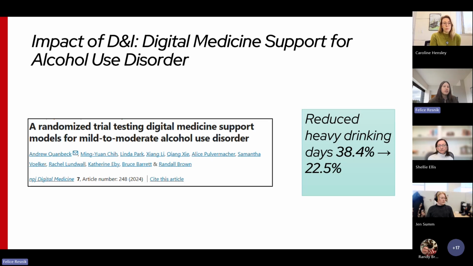They used different implementation science principles about adaptation to the clinical context, partner engagement for feasibility, and then measured outcomes of both effectiveness and implementation metrics. What they found is that it reduced heavy drinking days using these different support models from 38.4% to 22.5%. That's a super brief overview. Please ask your colleagues for more details.